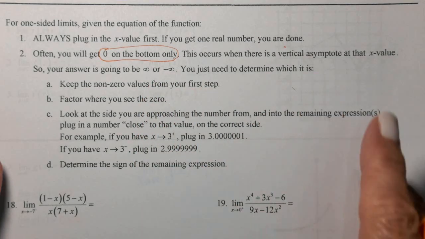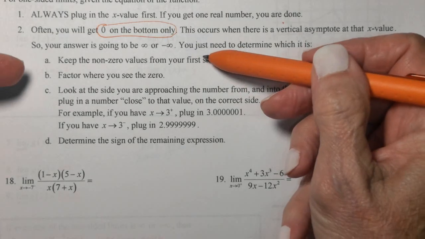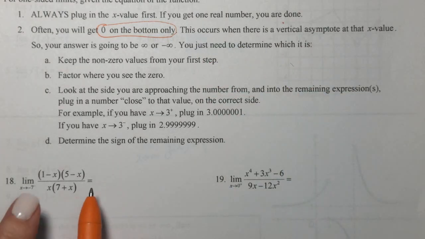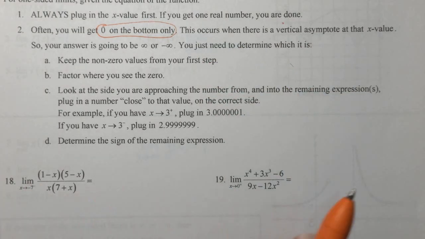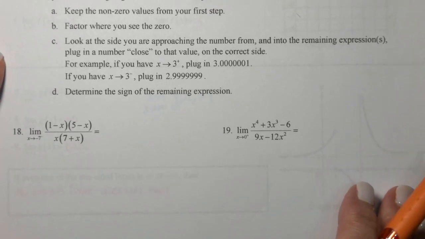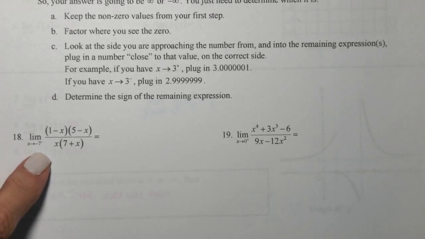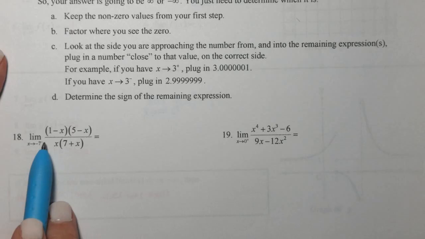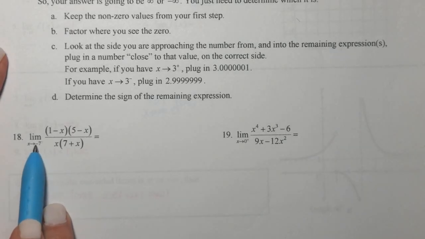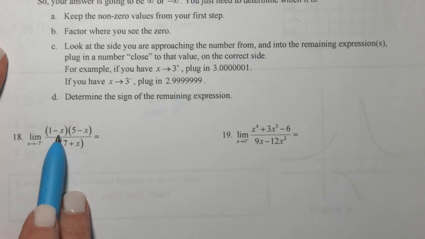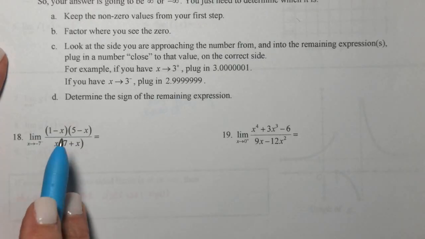Okay, and here's verbally what the steps are. I'm going to go ahead and show you from an example. All right. So first of all, I'm going to plug in. I'm ignoring the left notation here and just doing the -7. So I'm going to plug in -7 for all my x's.